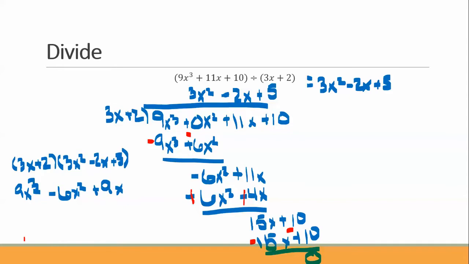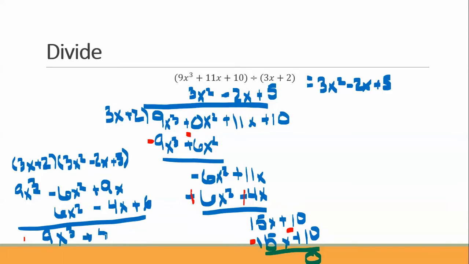And then 2 times this whole thing is 6x squared minus 4x plus 10. That becomes 9x cubed. 6x squared minus 6x squared is 0, plus 11x plus, oh, that was a 5 at the end, wasn't it? So this should be 10, so plus 10. Oh no, did I make a mistake? Nope, I didn't, because I just rewrote something wrong. So this is the same as this, so it checked out.